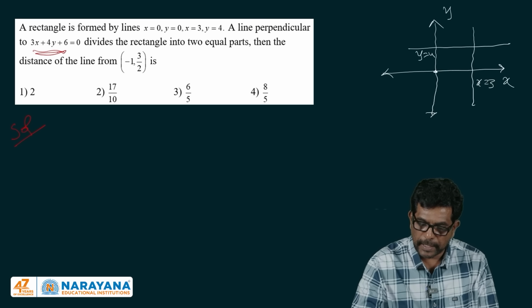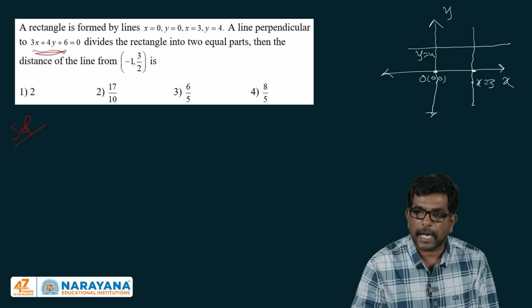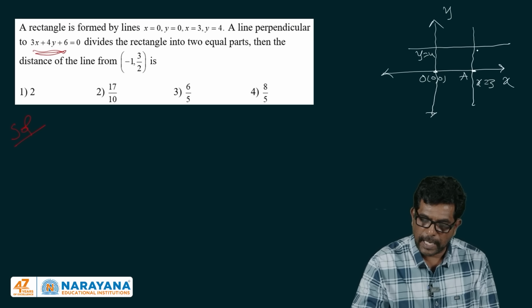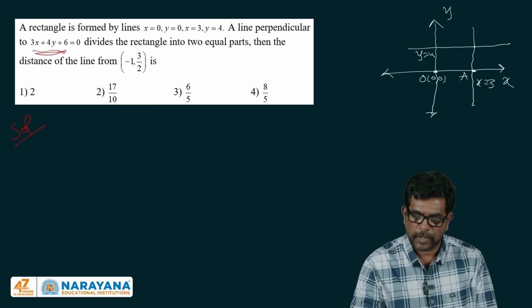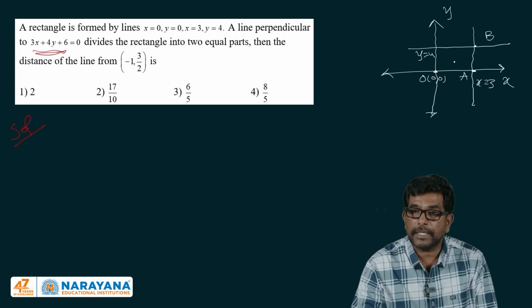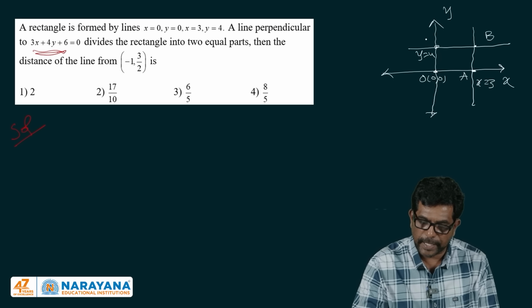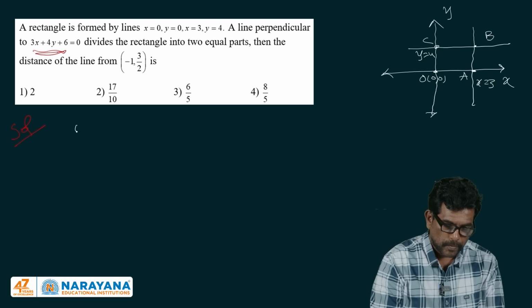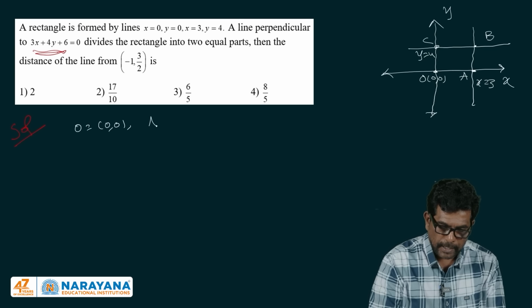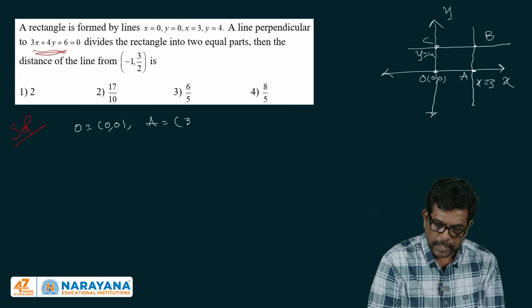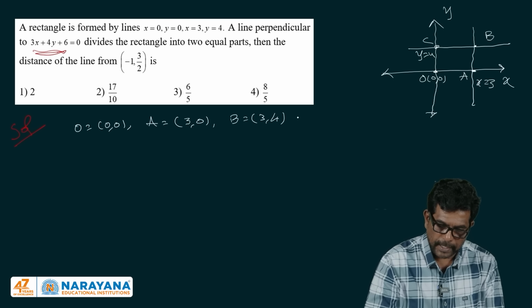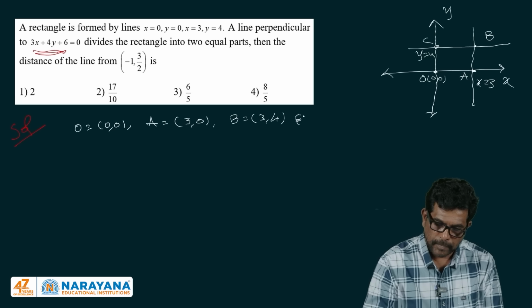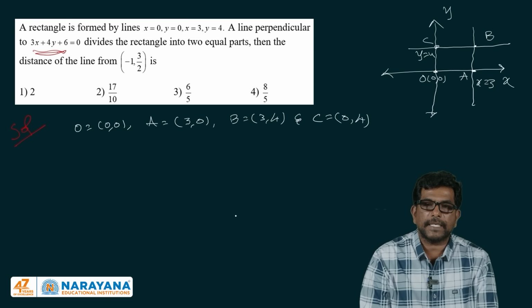Now, the rectangle is formed by the origin (0, 0), and suppose the point of intersection of the x-axis and the line x is equal to 3 is a point A, and the lines x is equal to 3, y is equal to 4 intersect at a point B, and the line y is equal to 4 and the y-axis intersect at a point C. Now the coordinates become O (0, 0), A (3, 0), B (3, 4), and C (0, 4). These are the coordinates of the rectangle.